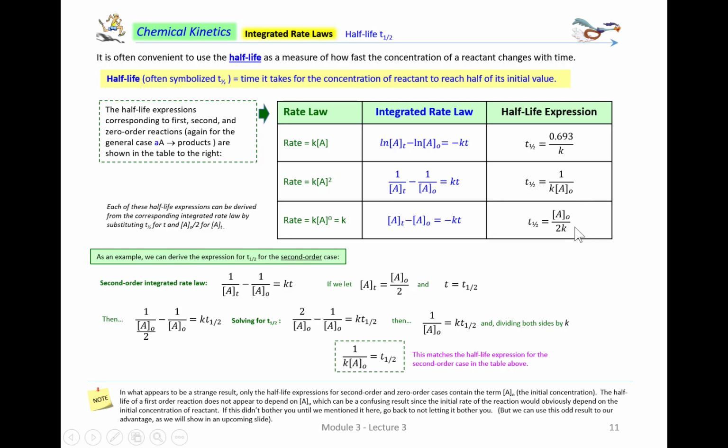In other words, the half-life of a first-order reaction does not appear to depend on how much reactant you start with, which I think can be a confusing result, because the rate of the reaction, the initial rate at least, is certainly going to depend on the initial concentration of the reactant, but the half-life does not have that in the expression. Now, if this didn't bother you before I just mentioned it, go back to not letting it bother you, but we'll use this odd result in an interesting way in a future slide.